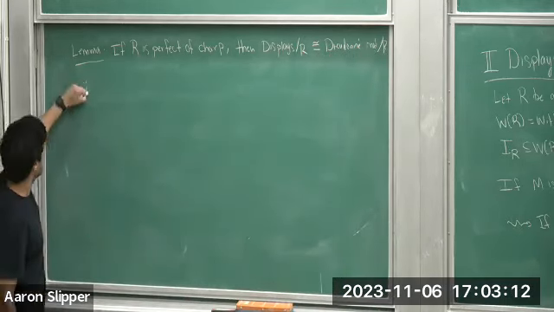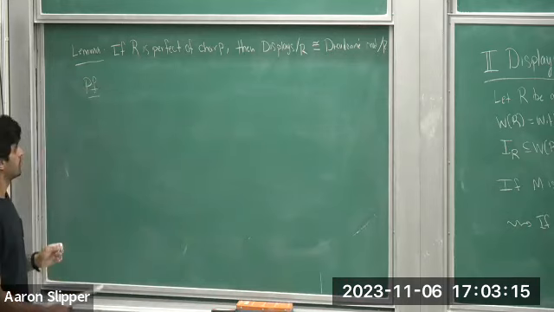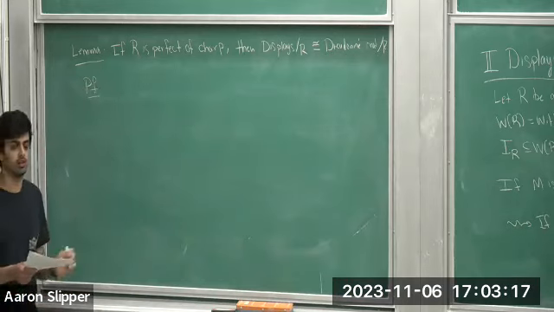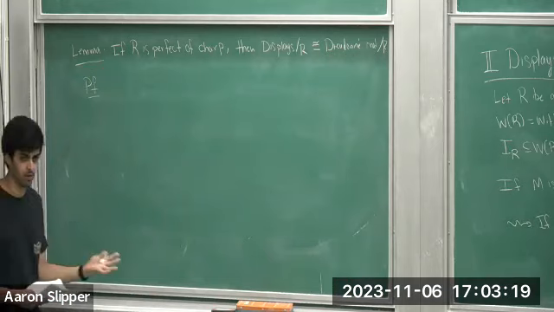First we should note that when R is perfect of characteristic p, the Witt vectors of R have some special properties.